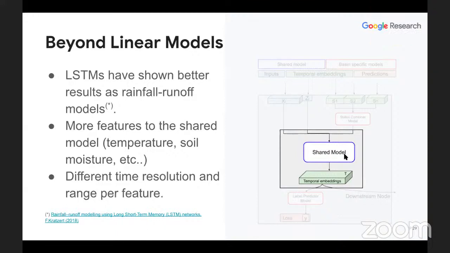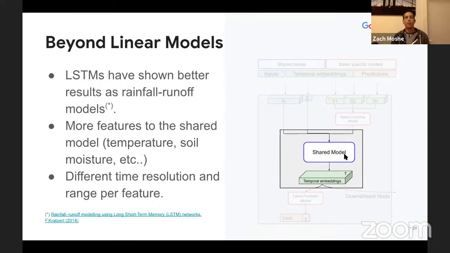Sure. Okay, so let's move on to the last slides. Let's start with the shared model, because the shared model in the linear HydroNets flattens all the inputs and just uses a linear regression, and that's obviously not the best hydrological model.